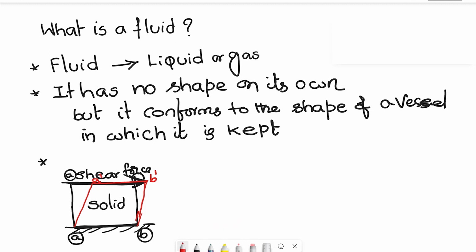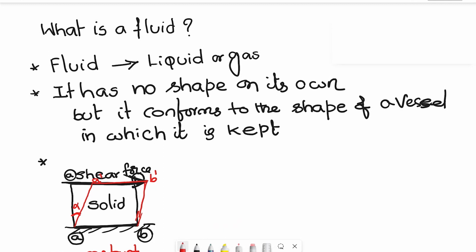That means deformation has occurred, a straight thing to an inclined thing. This is the angle of deformation alpha. It deforms up to this and it stops. This alpha is constant in case of solid.